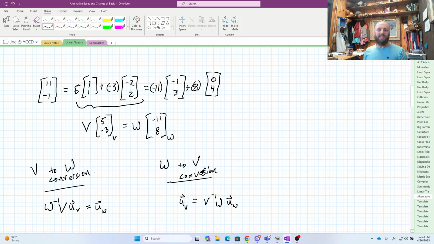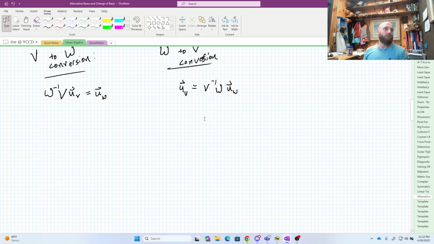So these conversion matrices that I've just labeled, this thing here is the change of basis from V to W. And we usually call that a matrix. So we have the change of basis matrix from V to W there.